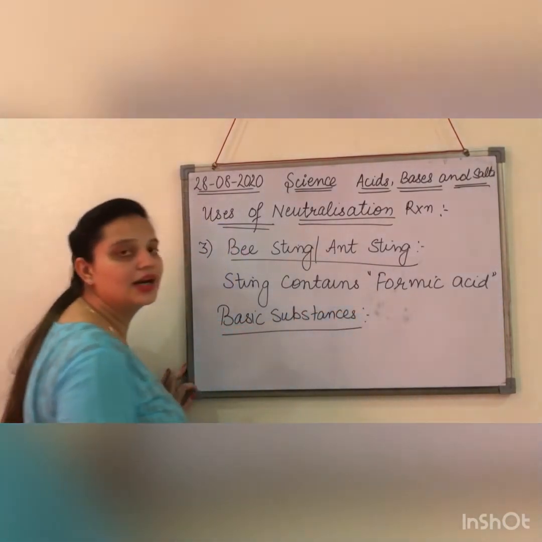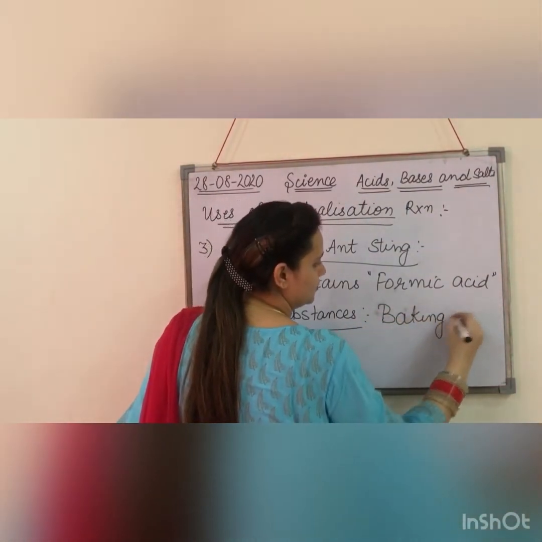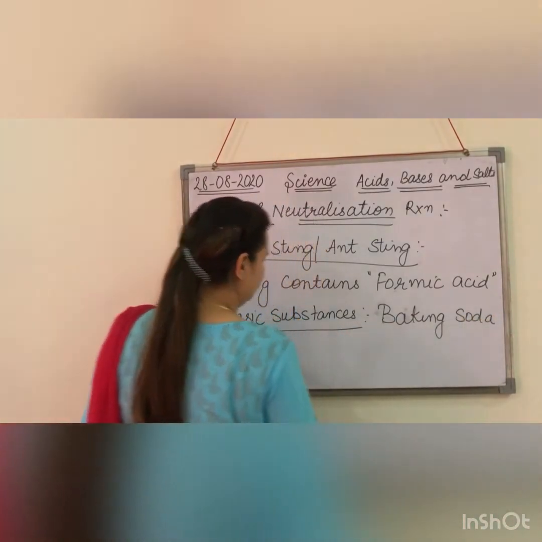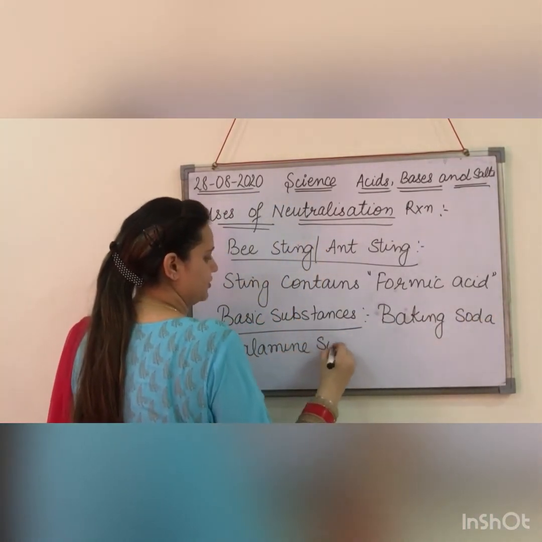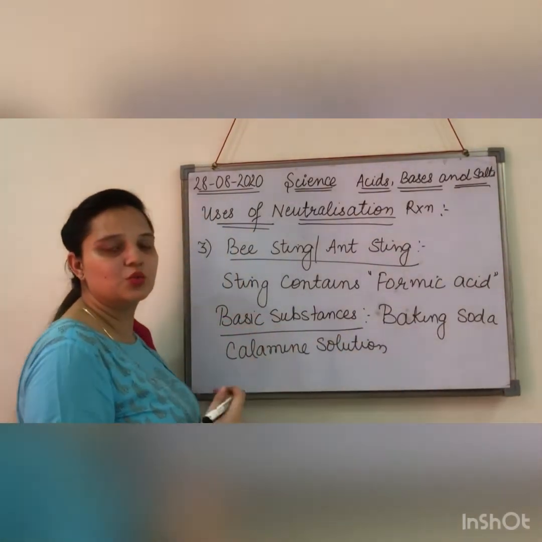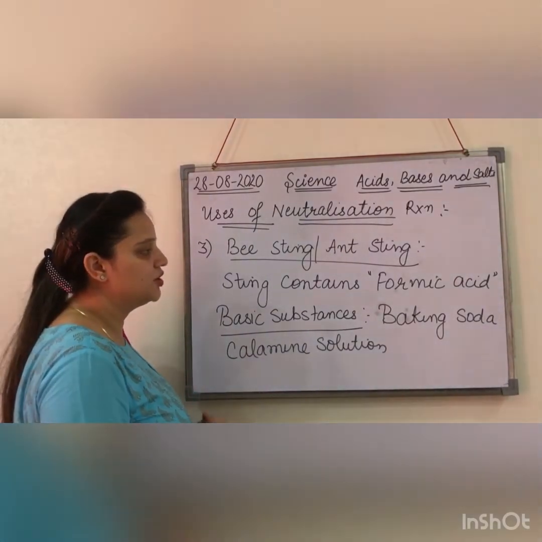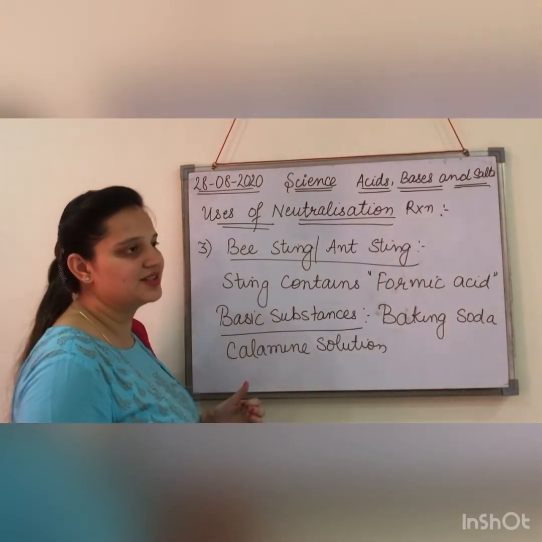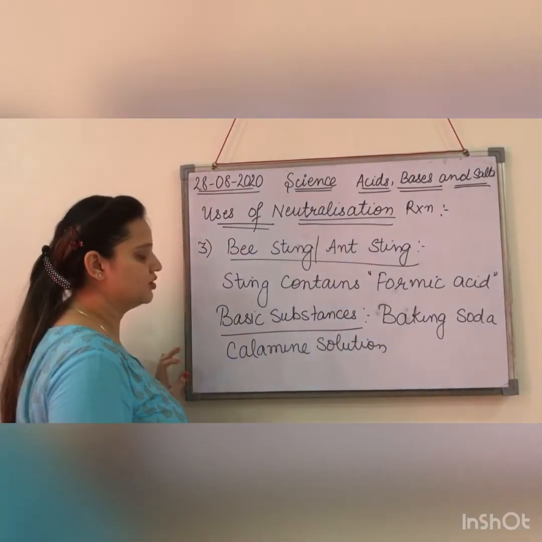We can apply baking soda or calamine solution, because the sting can give you swelling problems or a burning sensation. In order to get rid of the burning sensation and the swelling problems, we can apply baking soda or calamine solution.